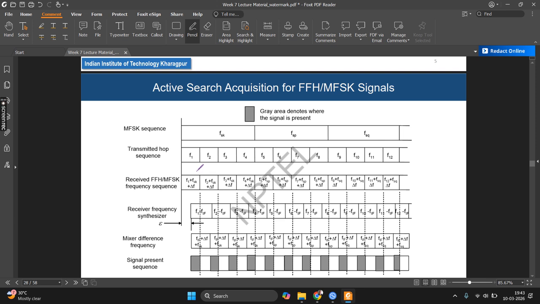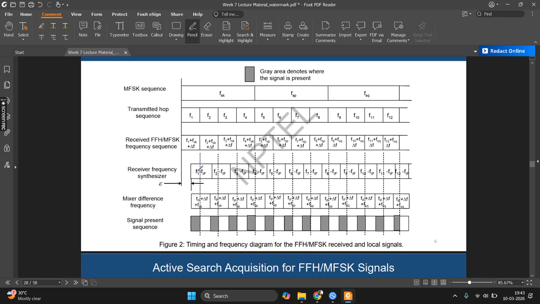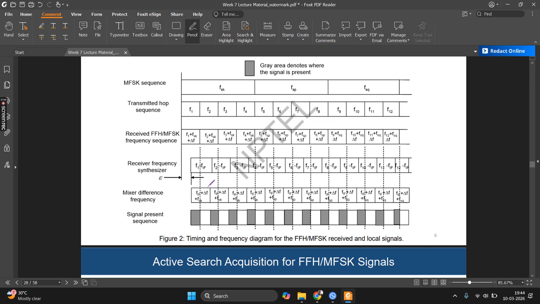When you receive it, you will get F1 plus FSK plus delta F, where delta F is the frequency deviation, which you can ignore for now. So basically the hop plus the MFSK, because it is constant throughout. Your received frequency is determined by two things: the hop sequence frequency and the MFSK frequency.